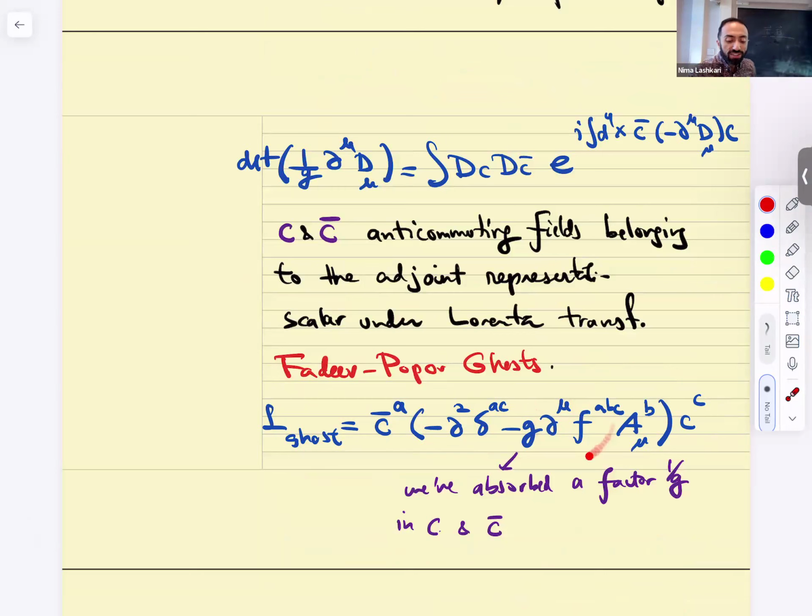The structure constants are the place where, because in non-abelian gauge theory the structure constants are non-zero, there will be a dependence, and it won't come out of the path integral. Therefore, the ghost will have a vertex with the gauge field. It's a c, c-bar, gluon vertex.